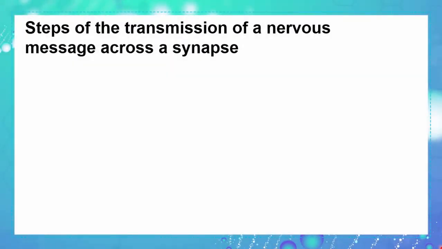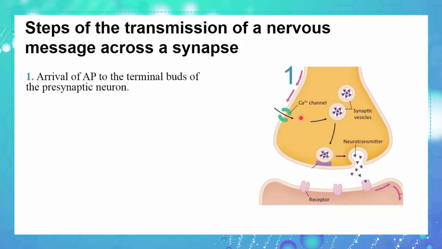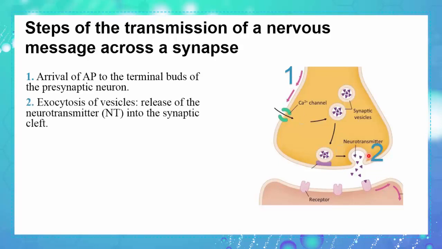The steps of the transmission of a nervous message across a synapse are summarized in this slide. This is the presynaptic neuron, the synaptic cleft, and the postsynaptic cell. The first step is the arrival of the action potential to the terminal buds of the presynaptic neuron. The second step, exocytosis of vesicles, which means the release of the neurotransmitter into the synaptic cleft.